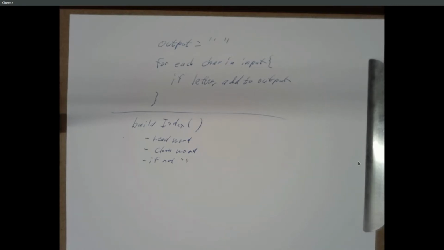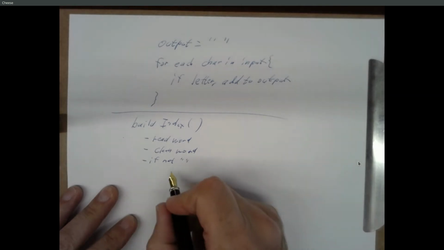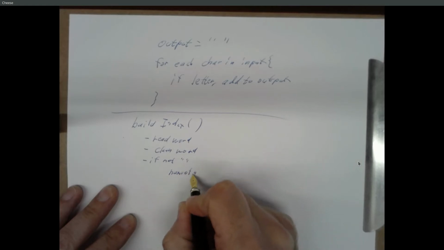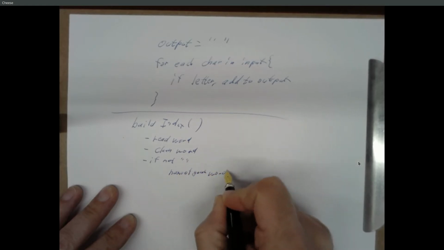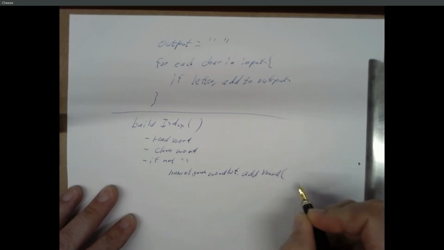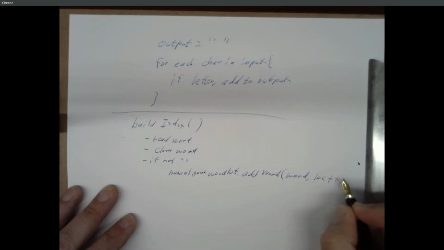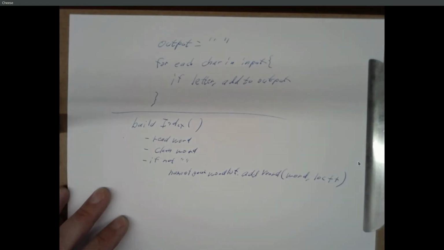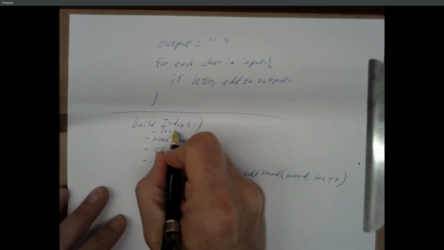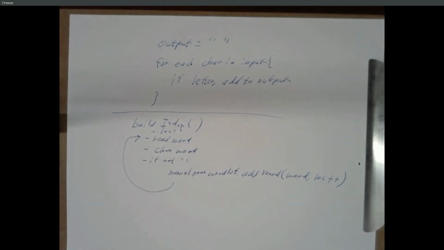You don't want to add that to your index. So clean the word, and if it's not an empty string, then you're going to say name of your word list dot add word, whatever the word is and whatever the location is, and you're going to increment the location. And you're going to initialize your location to 1, and when you're done, you're just going to go back up here. There's your whole build index code.